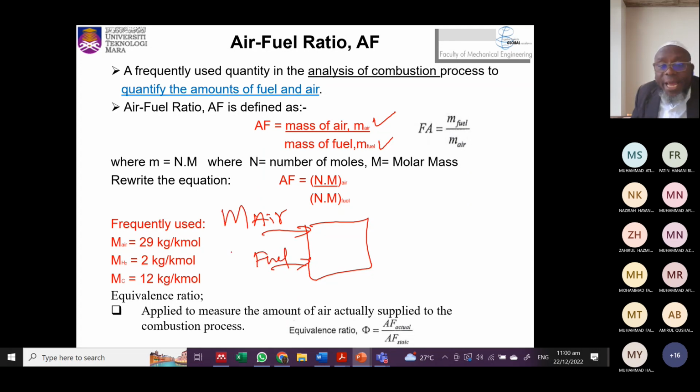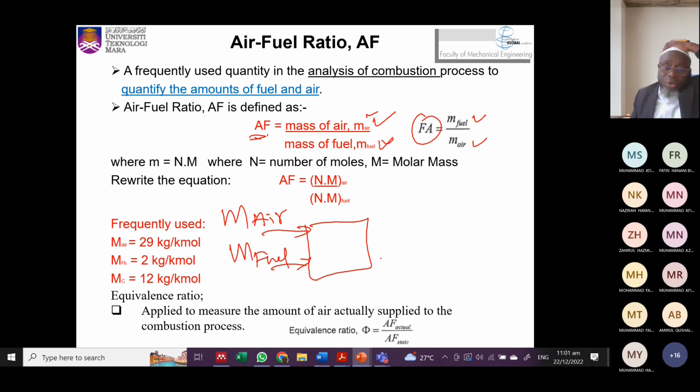If you know the mass of the air and the mass of the fuel, the ratio of these two, mass of air divided by mass of fuel, is called the air-fuel ratio, AF. Fuel-air ratio, FA, is the mass of fuel divided by mass of air.